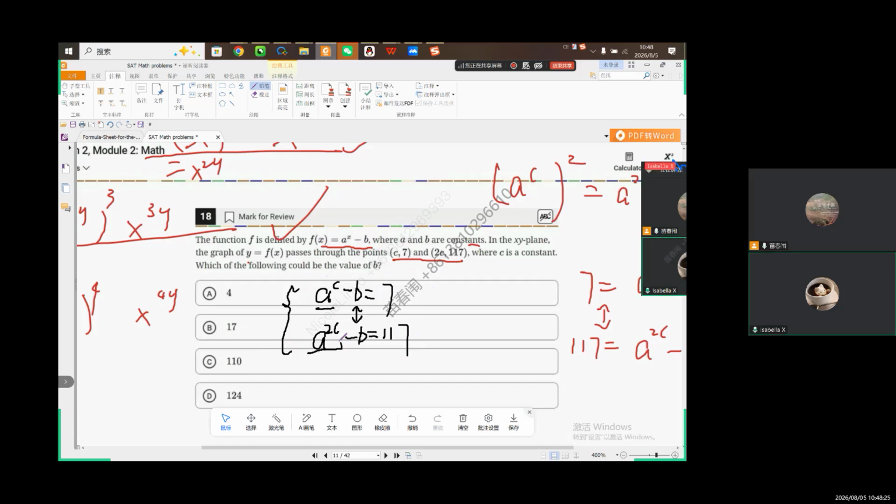Oh yeah, we can substitute x equals a to the c. Yes, that's so nice. Good, so it's like x.